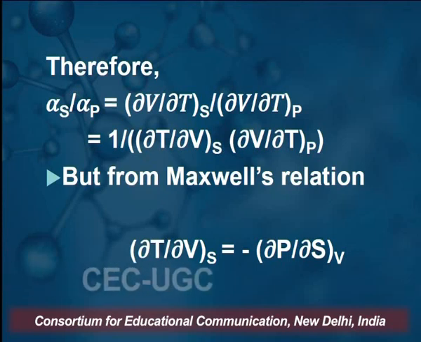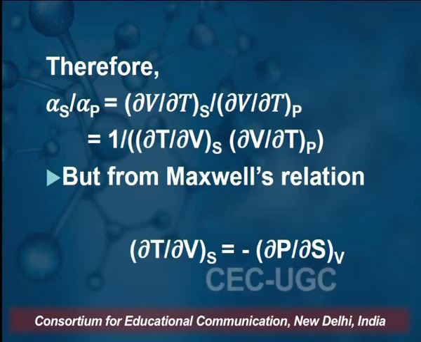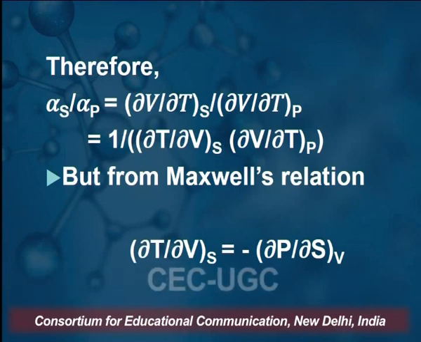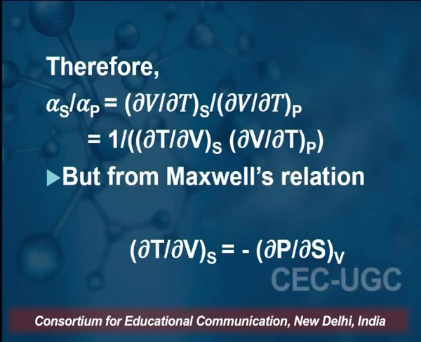Taking the numerator to the denominator, what do we get? 1 by ∂T/∂V at constant S into ∂V/∂T at constant pressure.